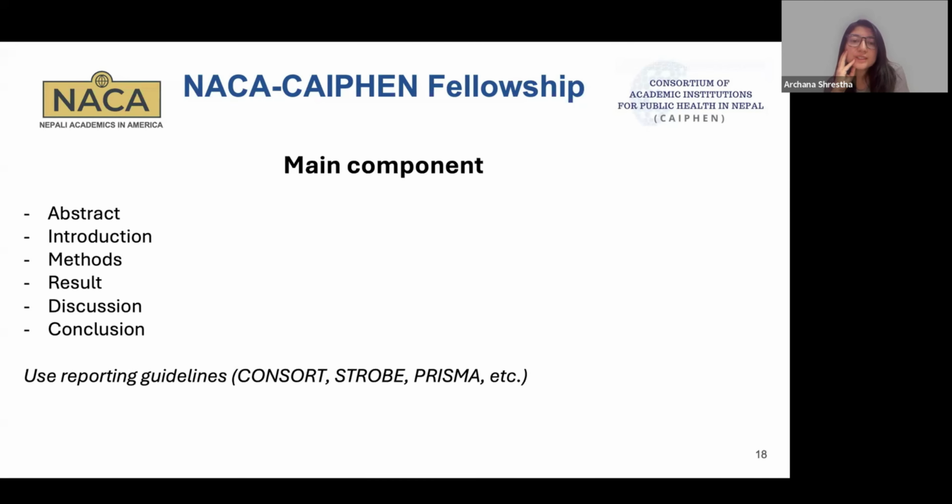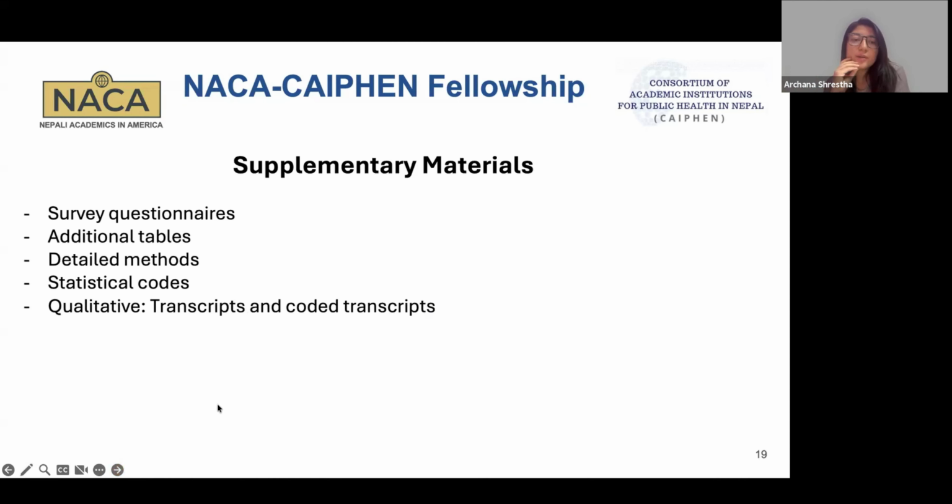If it is an RCT, use the CONSORT guideline; for an observational study, STROBE; for reviews, PRISMA. Go line by line and see whether all of the things that these guidelines have indicated are included in your paper, and that will make your paper much stronger. And then you will have to submit your supplementary materials.